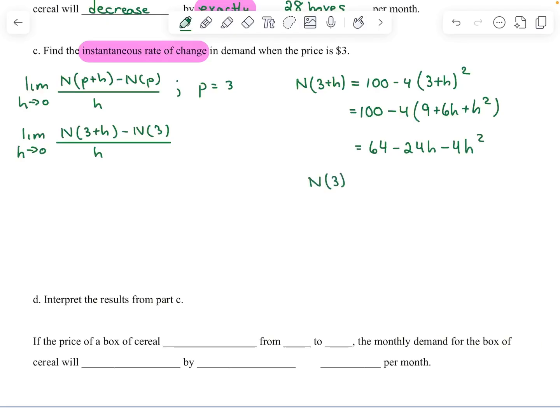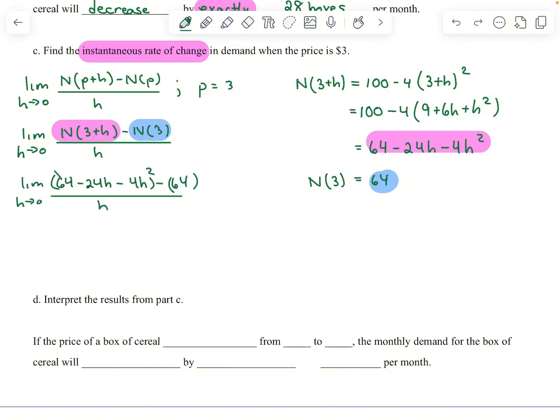And we found n of 3 in part A, that was equal to 64. So now I will substitute 64 minus 24h minus 4h squared in for n of 3 plus h, and I will substitute 64 in for n of 3. After the substitution, you'll notice that the 64's zero out, and I'm going to factor an h out of the numerator.